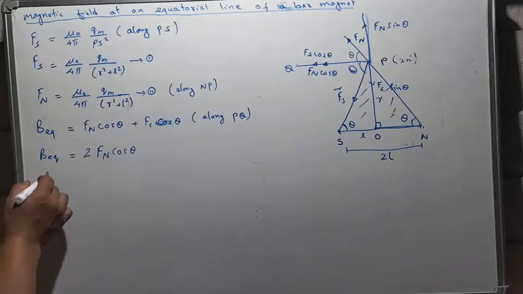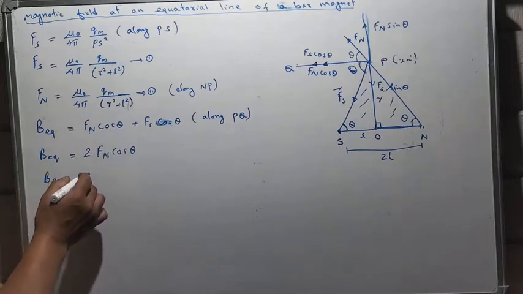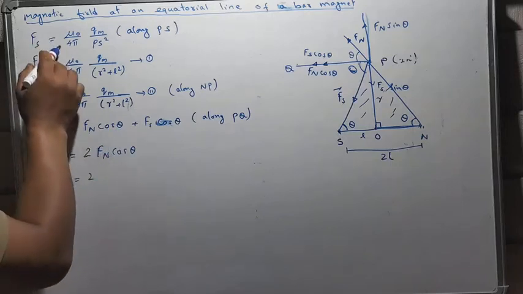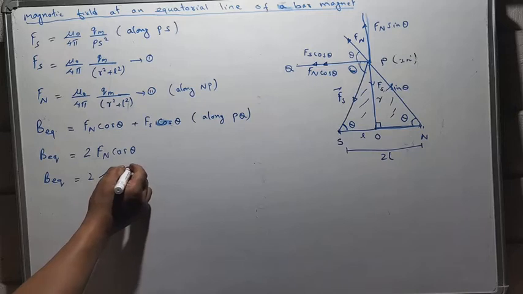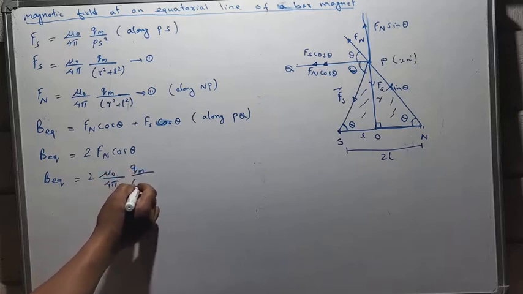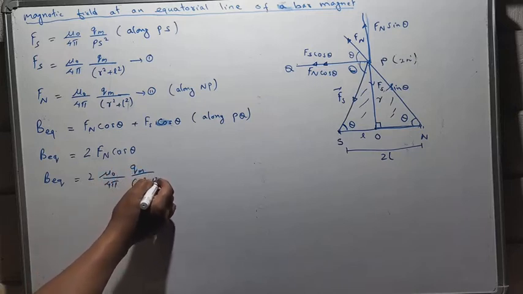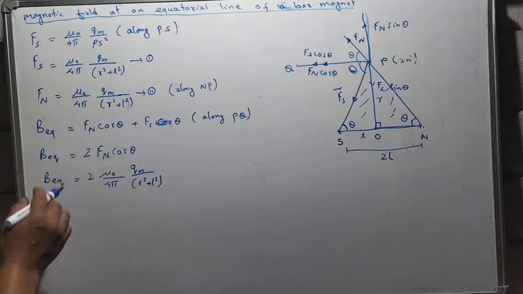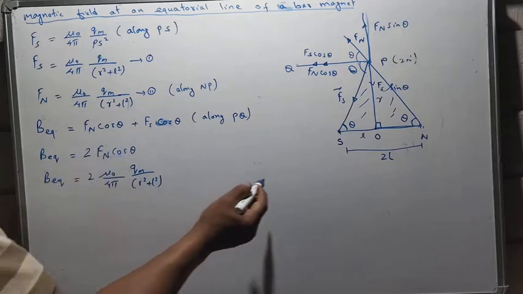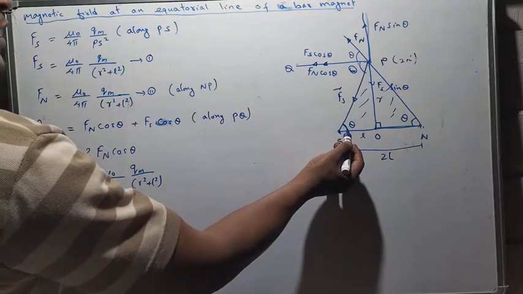Or B equatorial is equals to 2. How much is my Fn? It is mu naught upon 4 pi Qm upon r square plus L square. That is the value of Fn. But when you take this cos theta, let's consider this triangle.